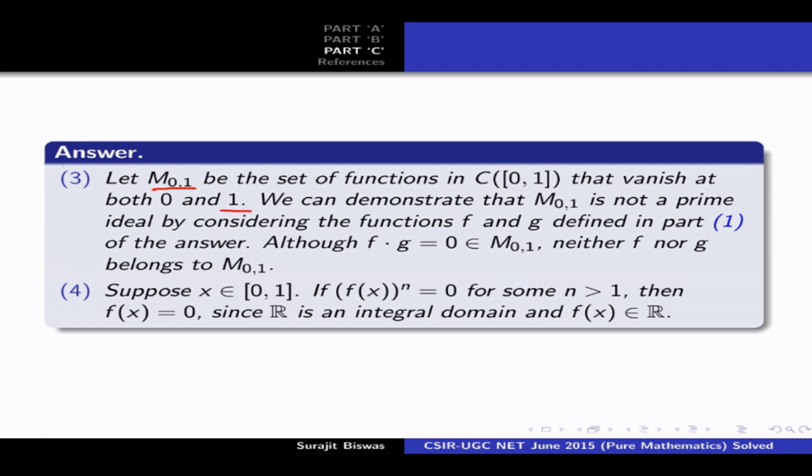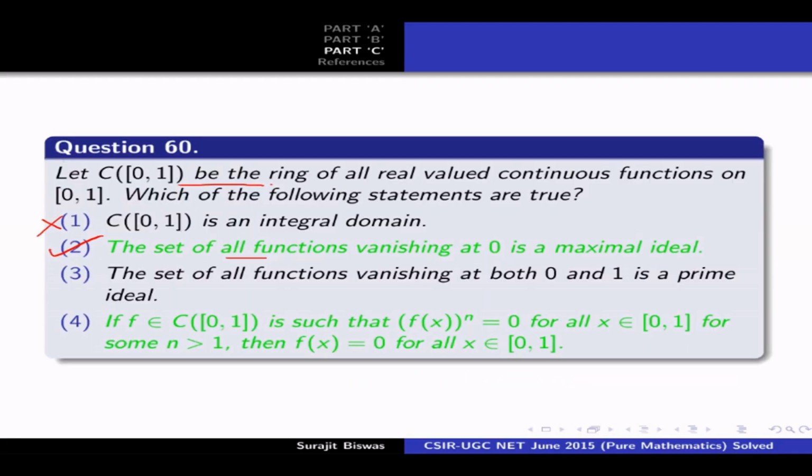We can demonstrate that M01 is not a prime ideal by considering the functions f and g defined in part 1 of the answer. Although f·g equals 0, which lies in M01, neither f nor g belongs to M01. So this is not correct.